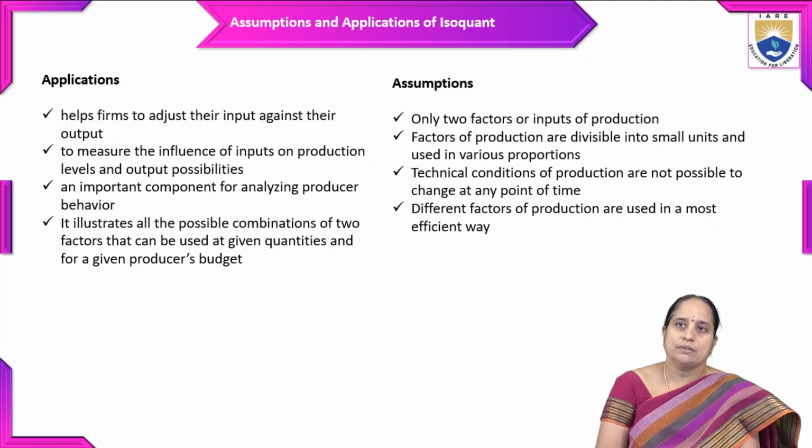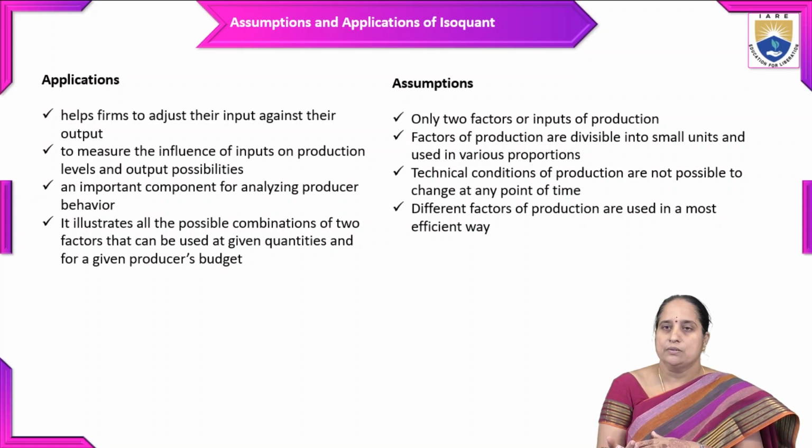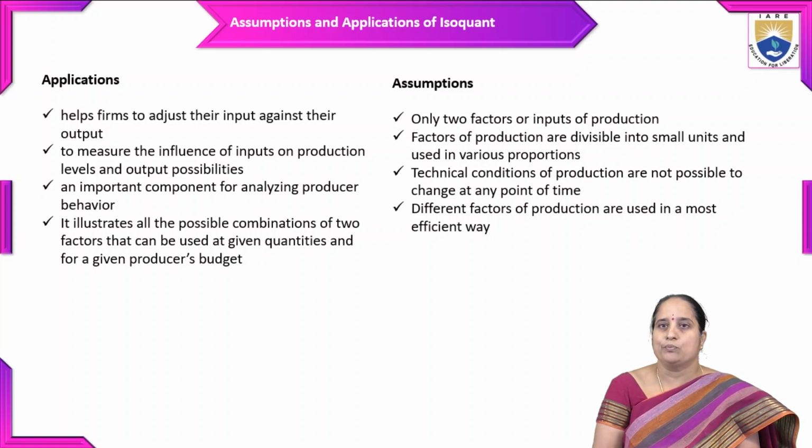Then what are the assumptions and applications of Isoquant? Coming to the applications, it helps firms to adjust their inputs against their output. They have different types of combinations, and based on that, they are able to achieve their desired level of output.